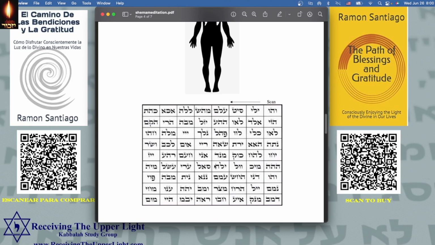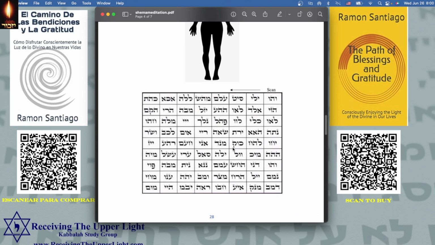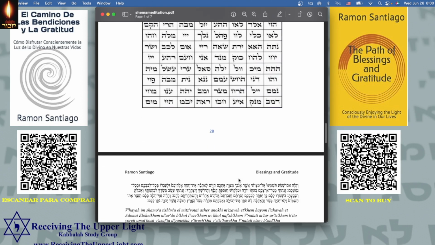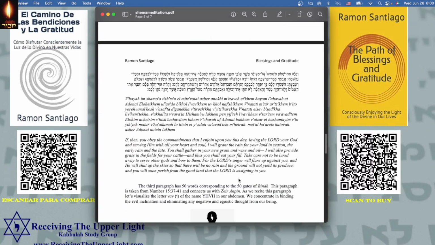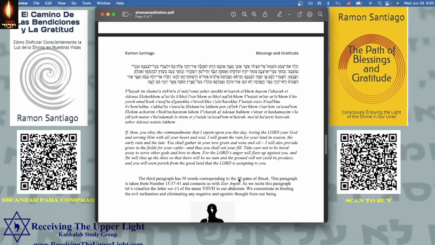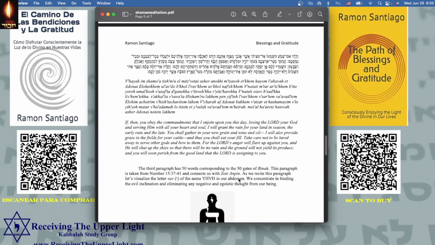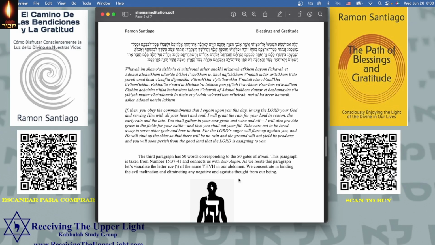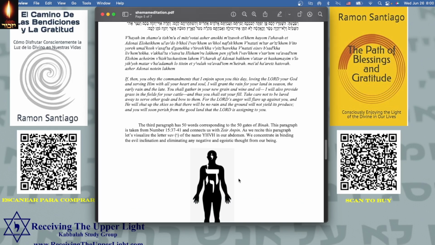And then we scan the 72 names of God. Then after that, we continue with the next paragraph, which is: and then you obey the commandments that I enjoin upon you this day, loving the Lord your God and serving him with all your heart and soul, etc., etc.